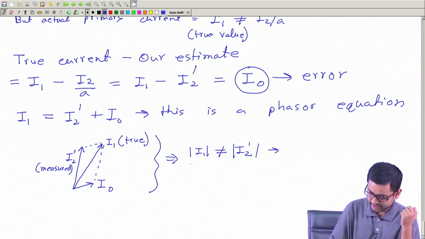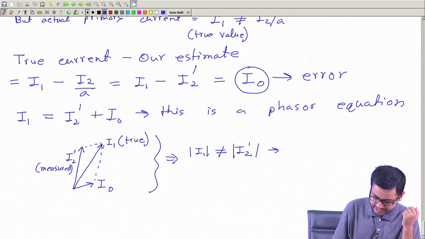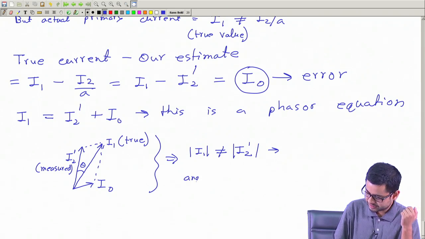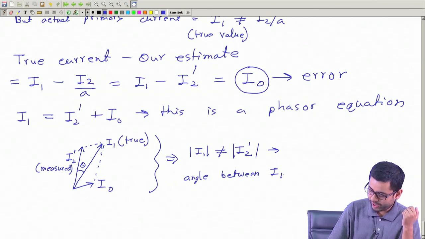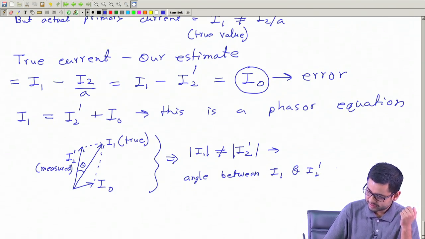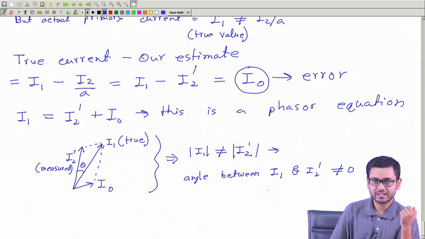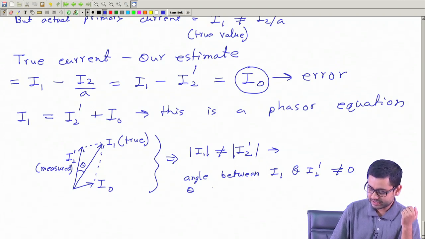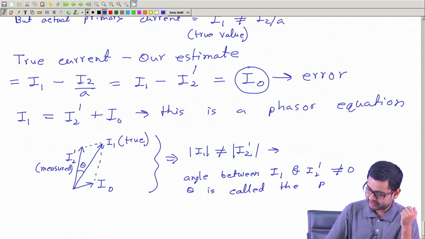Also you see that the angle between I1 and I2 prime, call it theta, is not equal to 0. This theta is called the phase error.